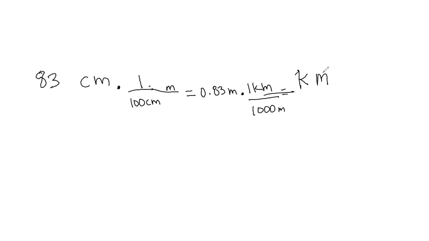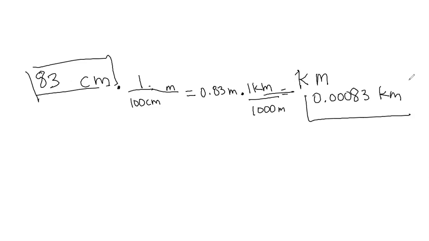So that's 0.00083 kilometers. Really all we did was convert to meters because meters are the point of reference, and then convert to kilometers. So doing it in two steps is okay.